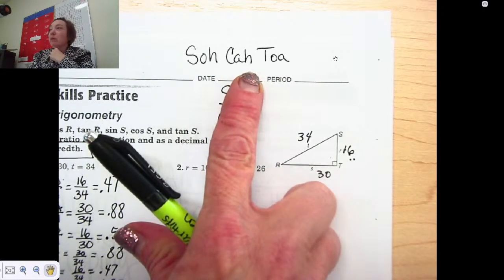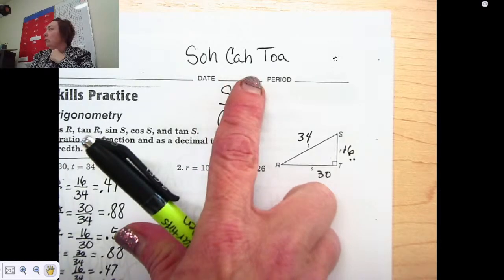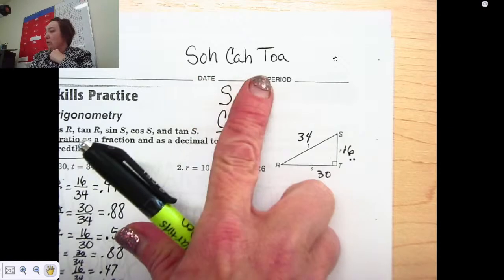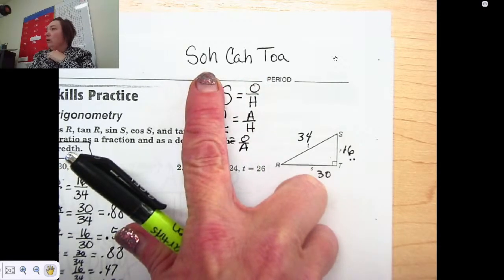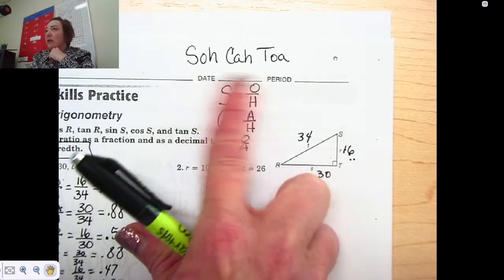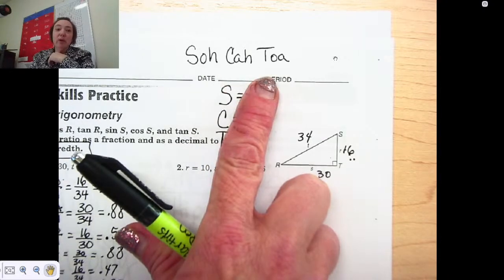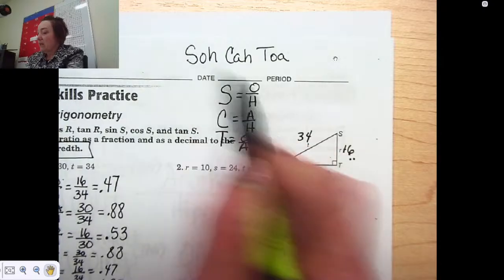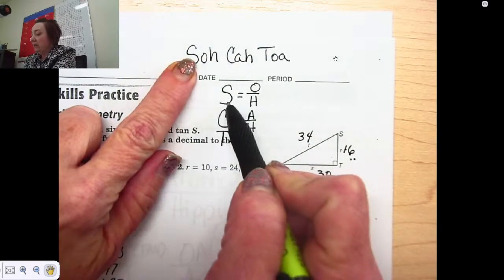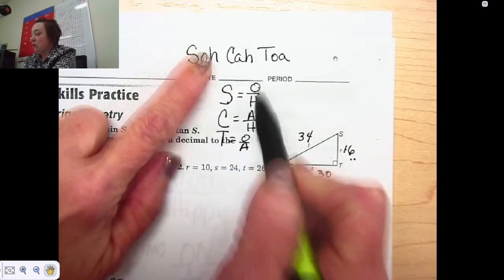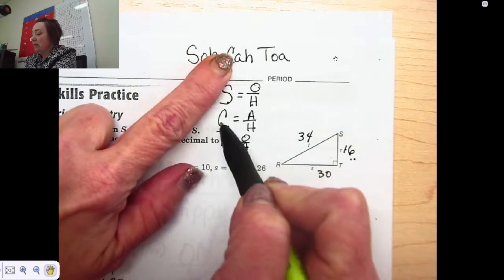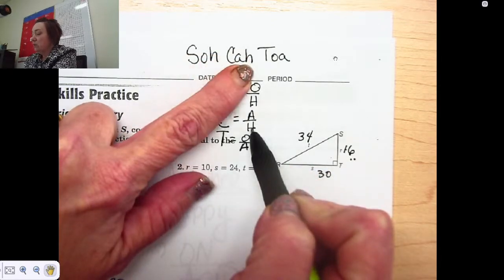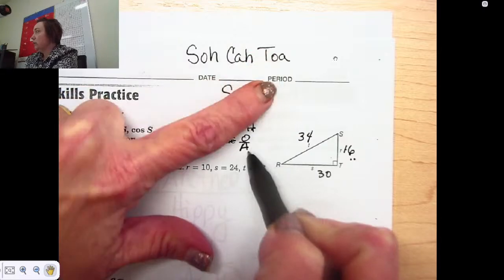If I was trying to remember how to spell SOHCAHTOA, I would not get it right, I promise you. But if you are good at remembering spelling things, SOHCAHTOA may work better for you than this one, okay? So, same thing, right? Sine, opposite over hypotenuse. Cosine, adjacent over hypotenuse. Tangent, opposite over adjacent.